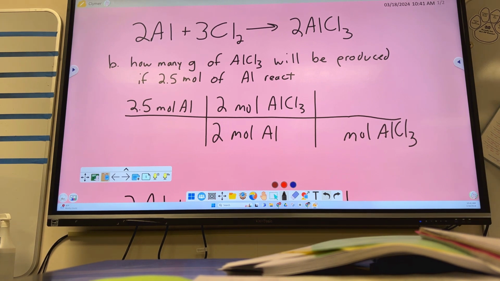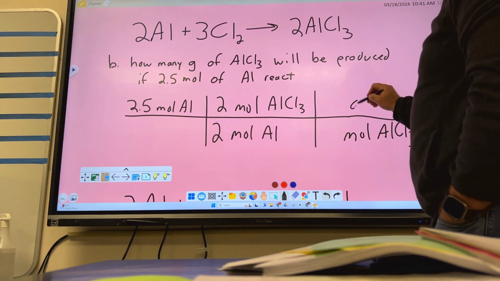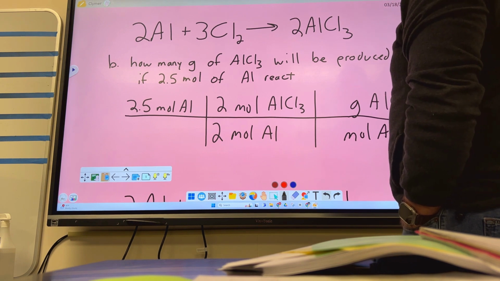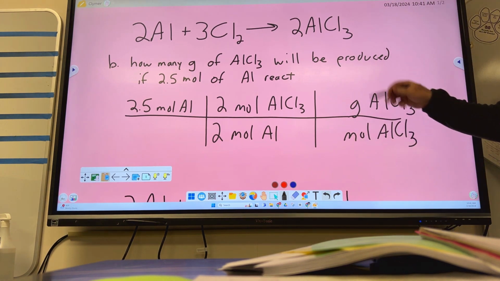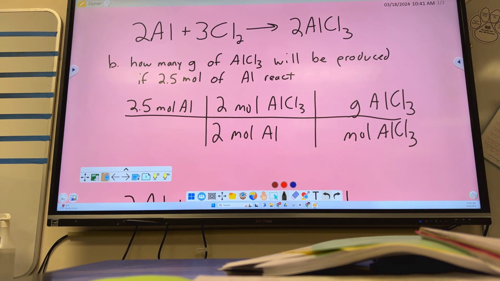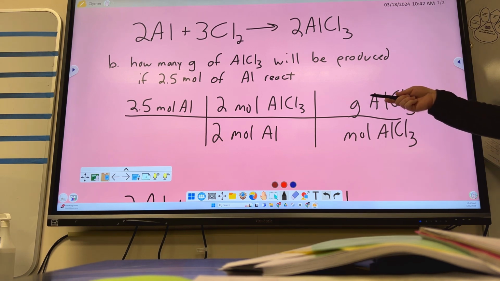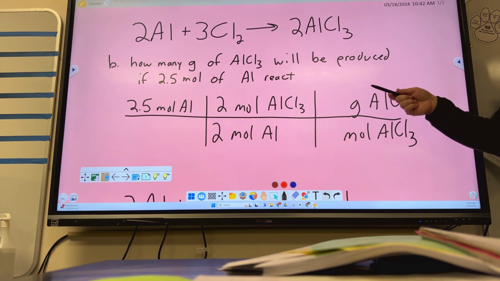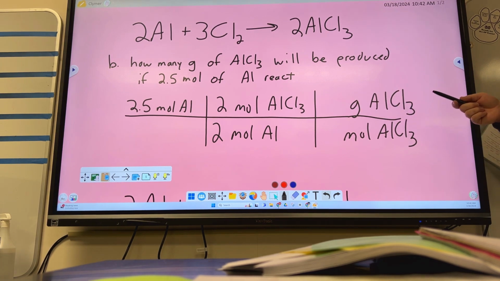do we have a conversion to go from moles of something to grams of something? Yes. How do we do that, though? Okay, we can, but how would we actually do this math? 1 to 1. Nope. What do we need up here? Molar mass, right? How do we calculate molar mass of something?